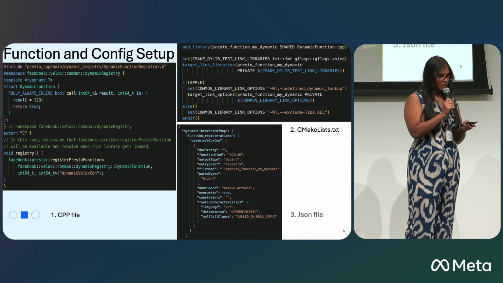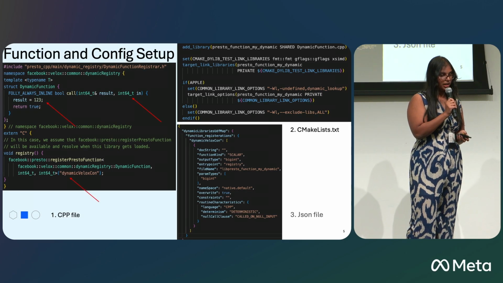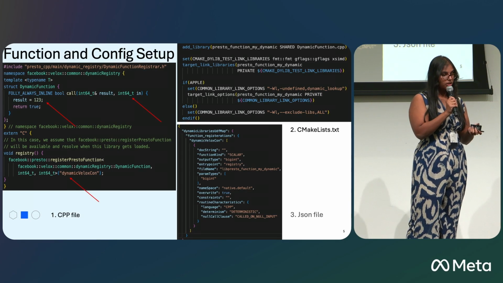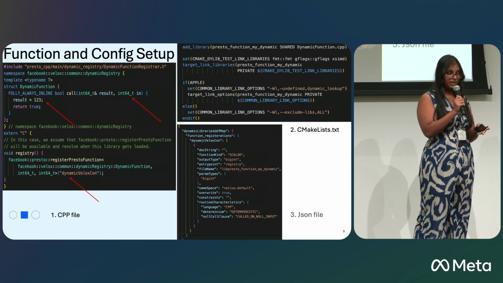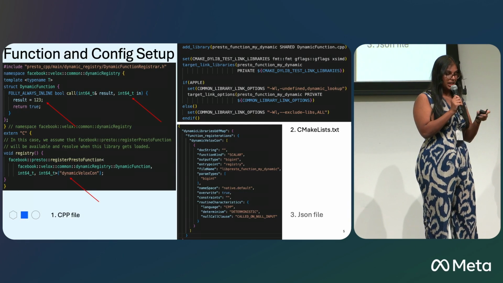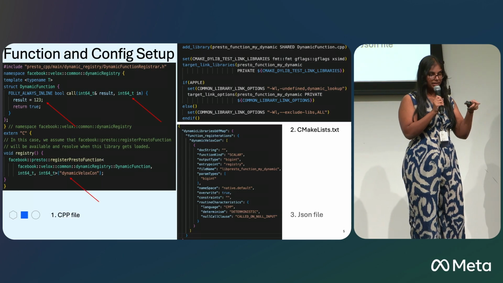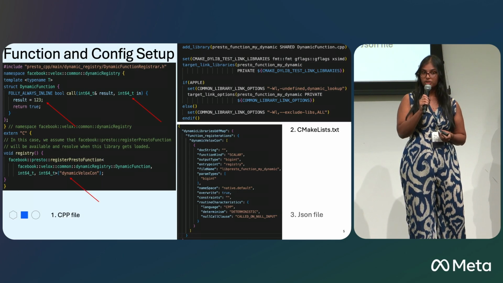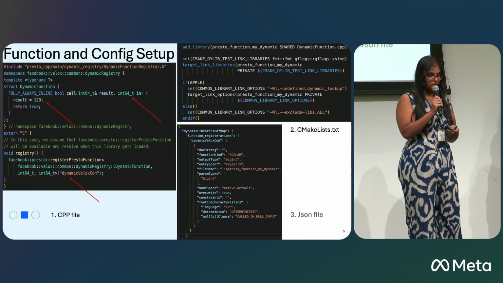For the CPP file, there we go. So much better. Most of this code that you're going to be looking at is boilerplate. What I want us all to take notice at is, you know that line that says result equals 1, 2, 3? That's where your implementation for whatever you want to do with your user-defined function will go.